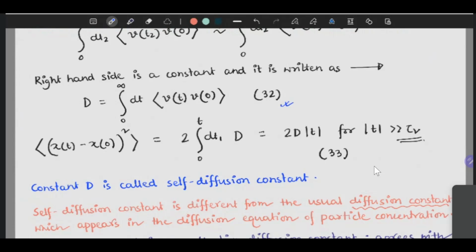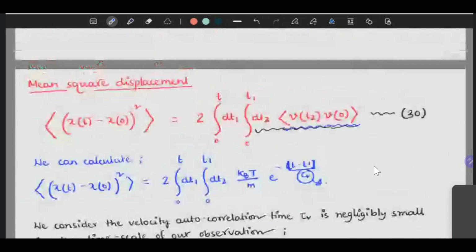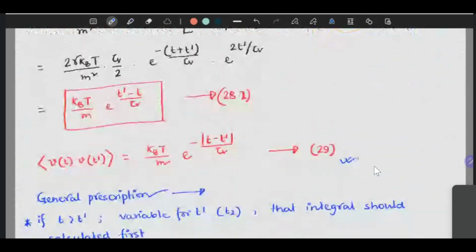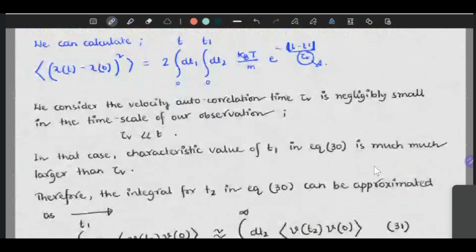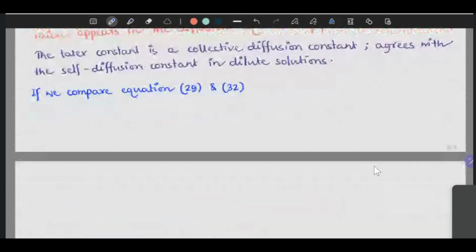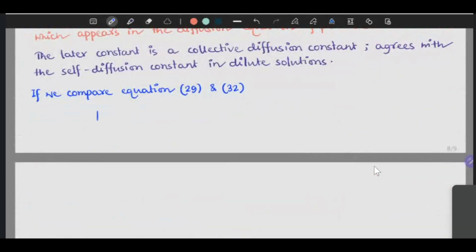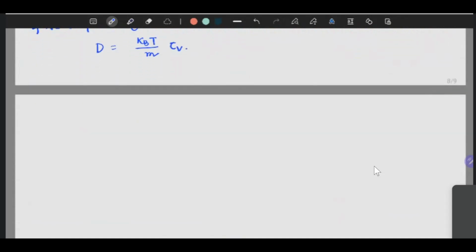How? Because from the Vt V0 relation you can get this part, so comparing, D becomes kBT by m into tau v.